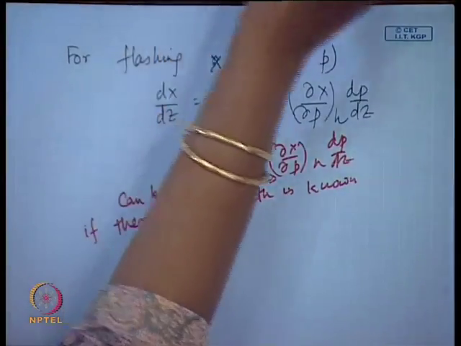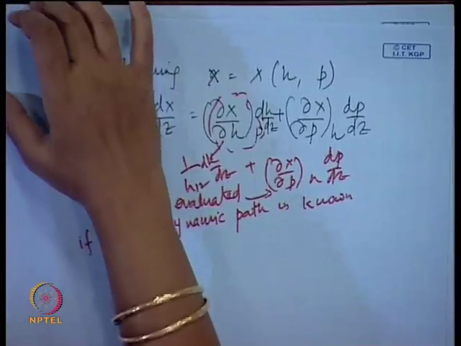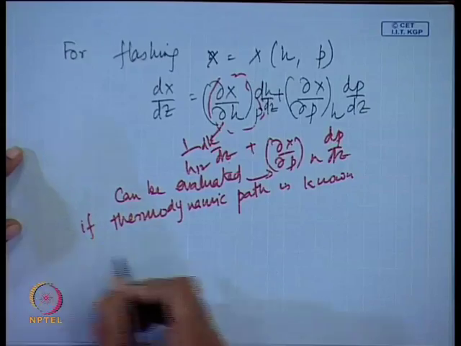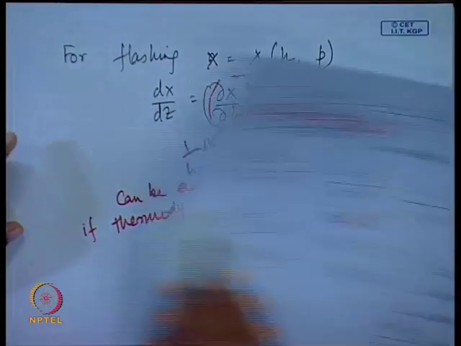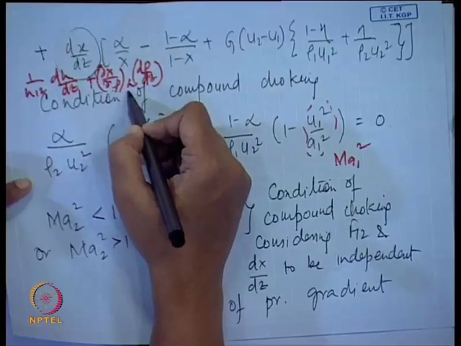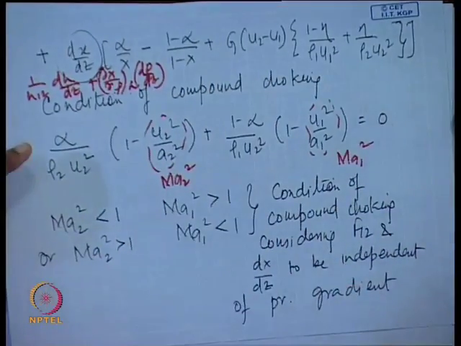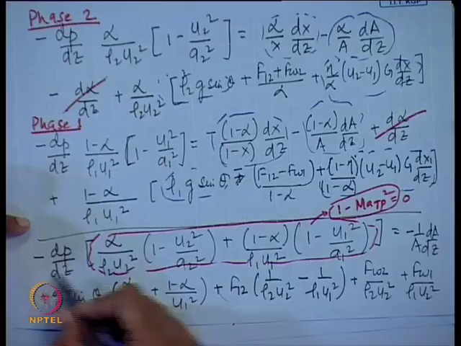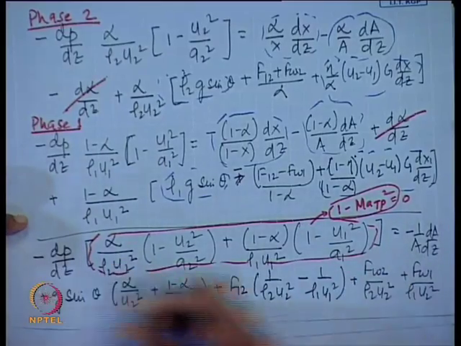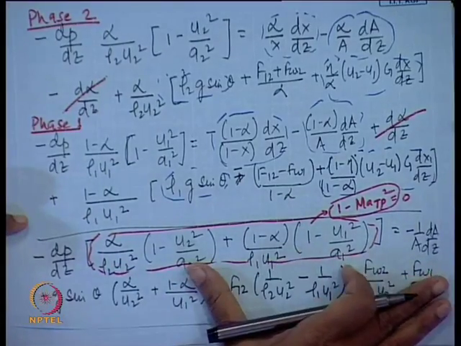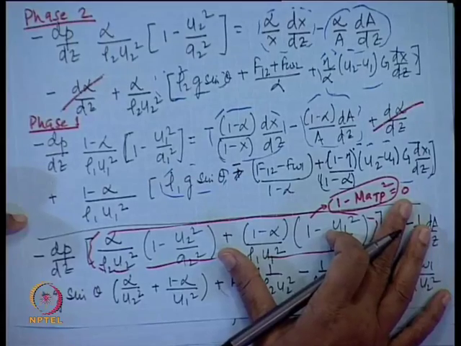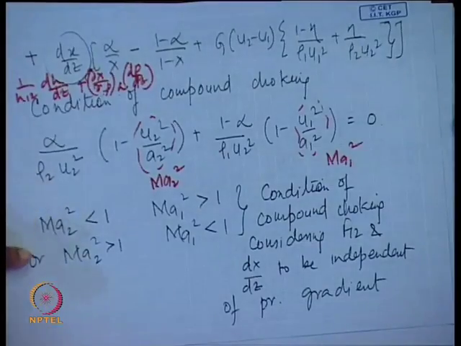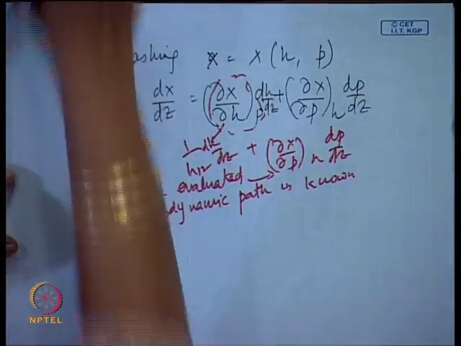So, therefore, for the condition of compound choking under flashing, we will just attach this particular term, del x del p at constant h, into this whole term, which will come on the left hand side with minus dp dz, and this whole thing has to be equal to 0. Agreed?